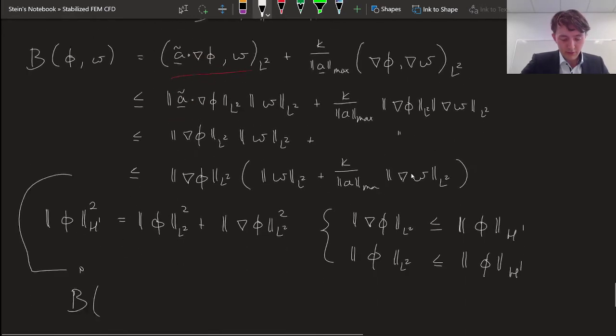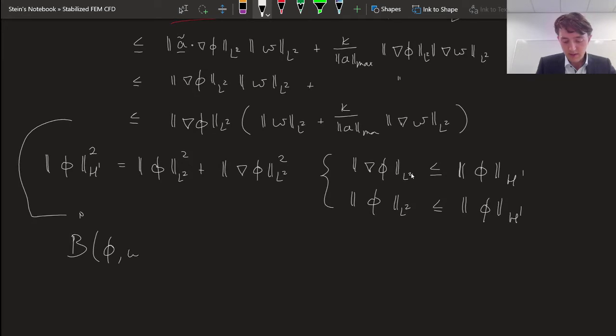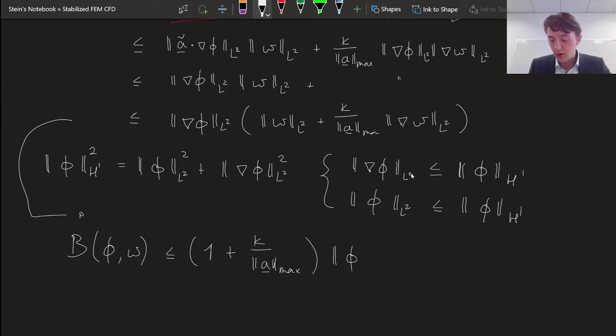Okay, so continuing on here, I'm going to say the bilinear form of phi and W is bounded from above by, and now I'm going to replace all the L2 norms by the H1 norms, because that's a bound from above, and then we get 1 plus kappa divided by the maximum magnitude of our velocity vector times the H1 norm of phi times the H1 norm of W. Okay, good.